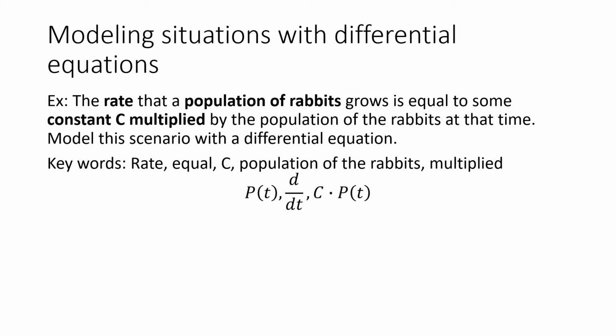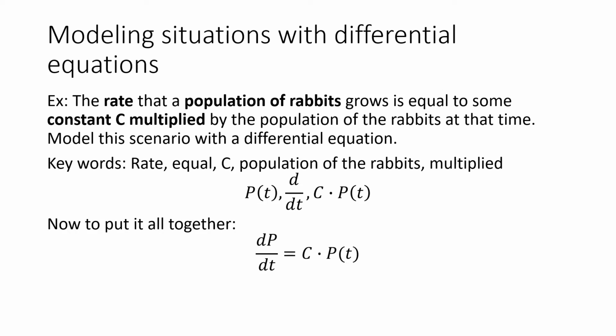Here it is in math language: the population, the time derivative, and c times p. Let's put it all together. We get the time derivative of the population is equal to c times p of t. As you can see, the rate that the population of rabbits grows, dp/dt, is equal to the constant c times the population of the rabbits. This equation encompasses all of that.